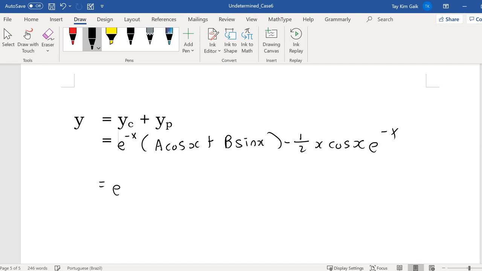Or collect everything together: exponent negative x times a cos x plus b sin x minus half x cos x.